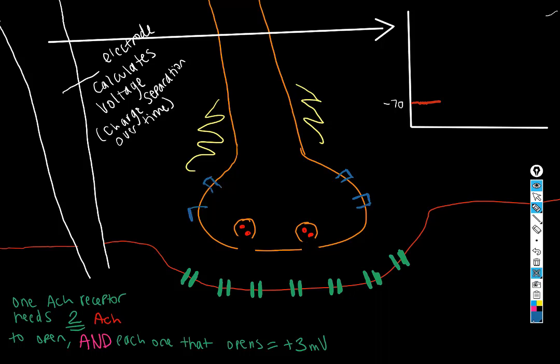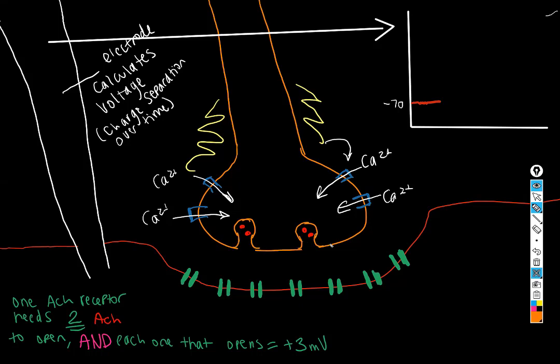So when the action potential reaches the voltage-gated calcium channel, calcium goes in, and that permits vesicular fusion, letting the neurotransmitter out.